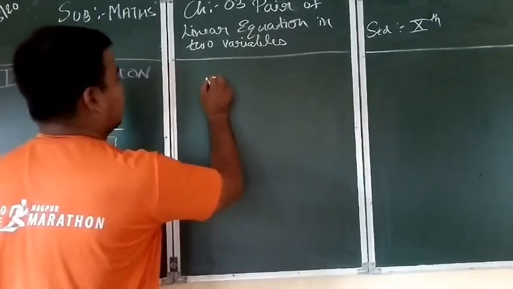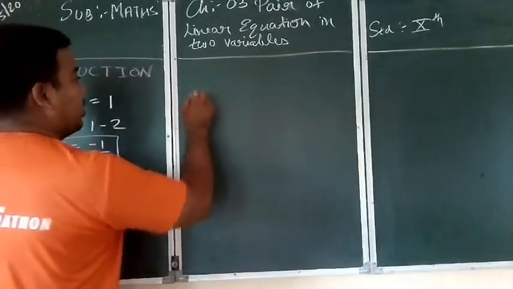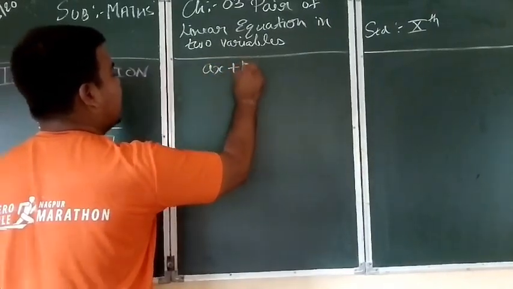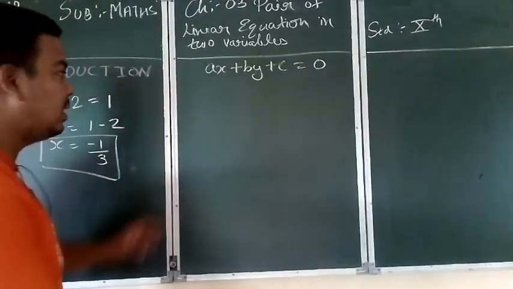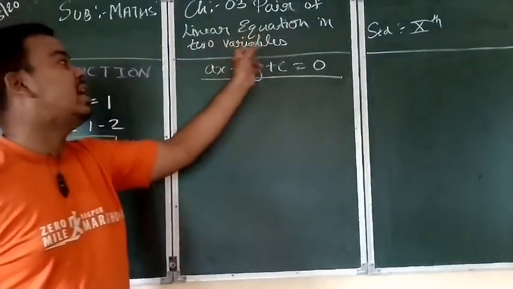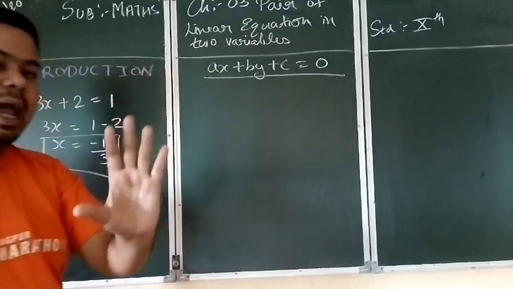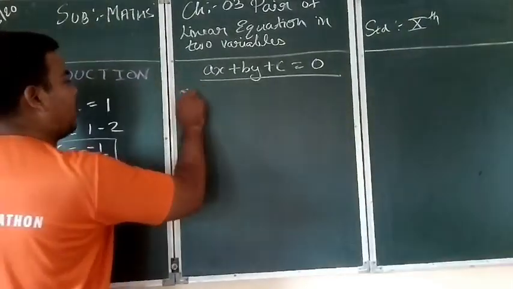So I write one example according to the standard formula. The standard formula is ax plus by plus c equal to 0. This is the standard formula of a linear equation in two variables. We studied this formula in class 9.